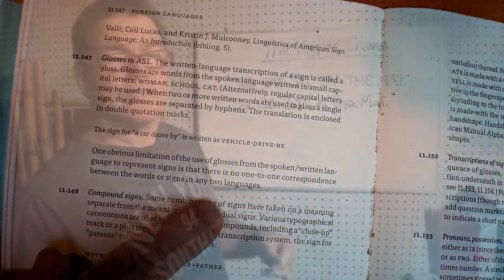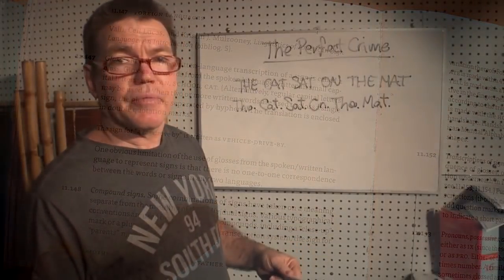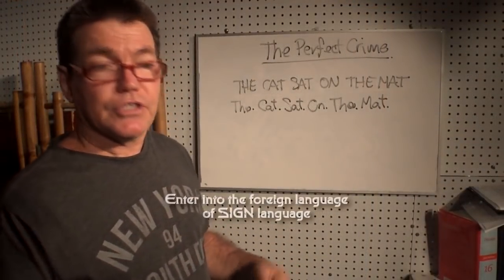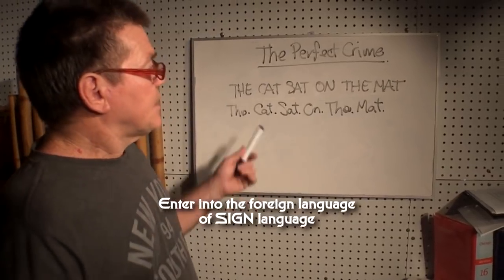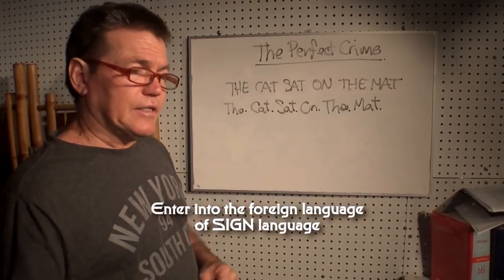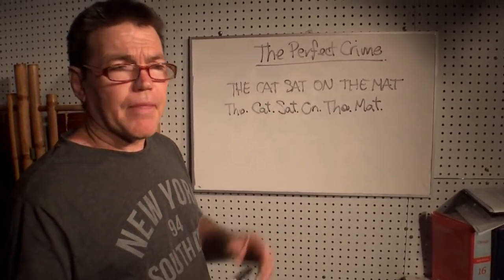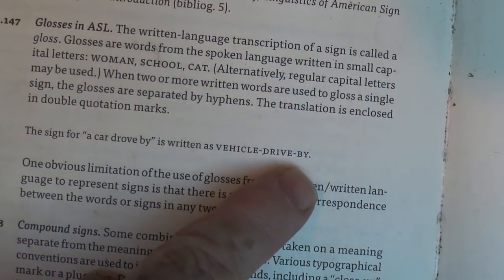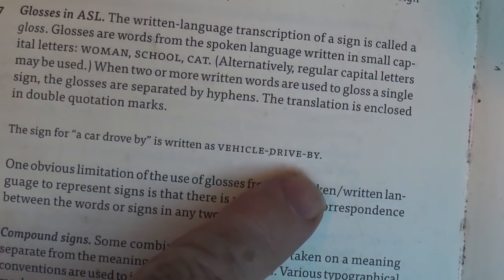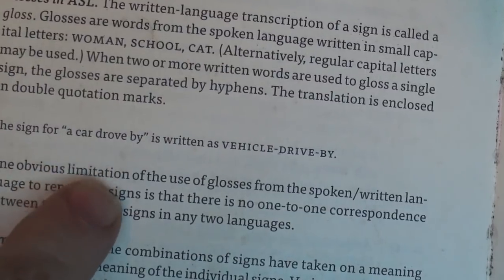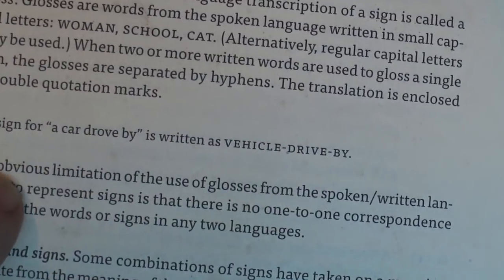So when you enter into that signed document, you have to sign your name, sign something. And the trick is, in 11.147 of the Chicago Manual of Style, it shows you the truth of how to write sign language. It shows you the correct way to do it.